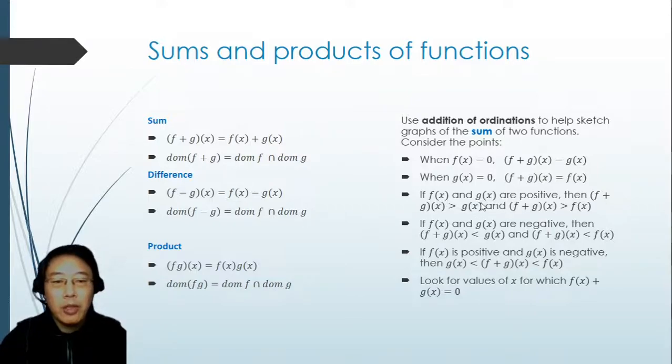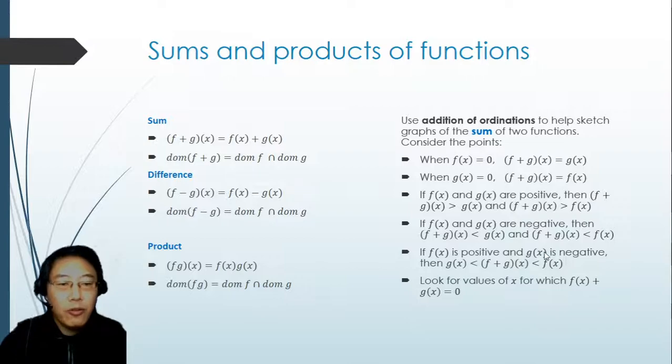If they're both positive, the sum of the functions will always be greater than the highest, and if both functions are negative, the sum of the functions will be under the lowest function.